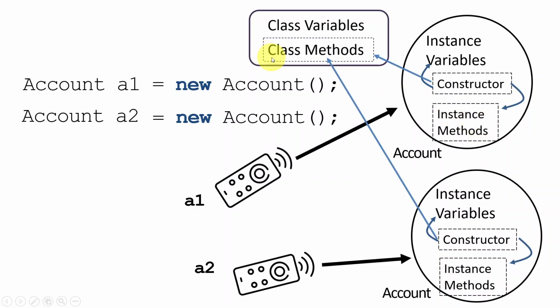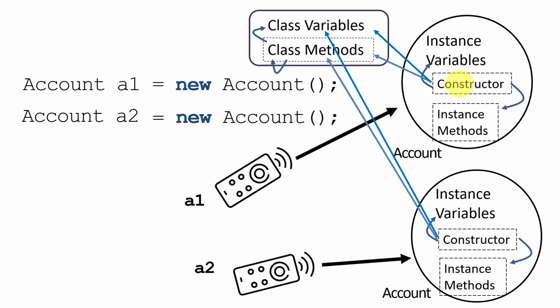And the class methods have access to the class variables. The class methods can call other class methods as well. And also your constructors can directly access the class variables as well. So those are the interactions your constructors are capable of doing.